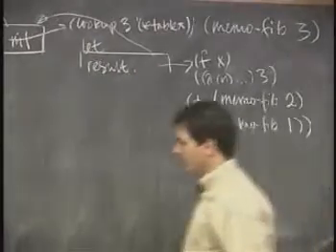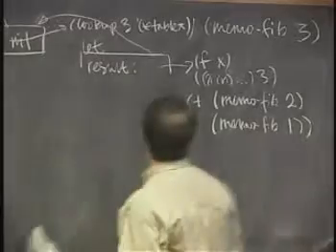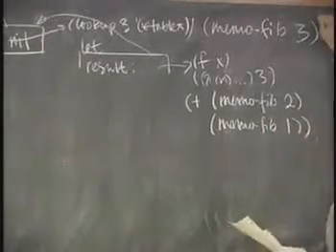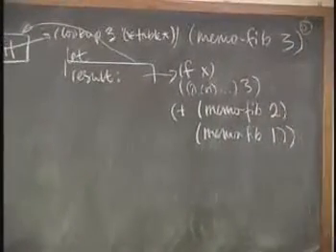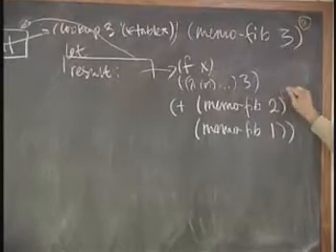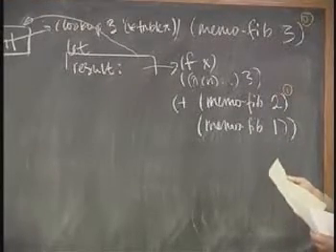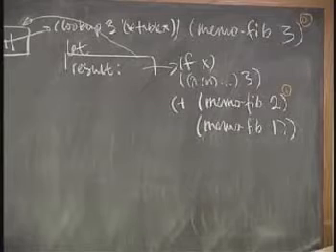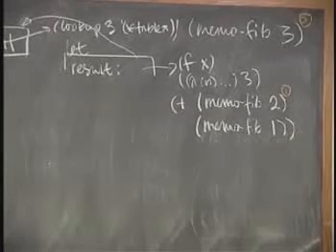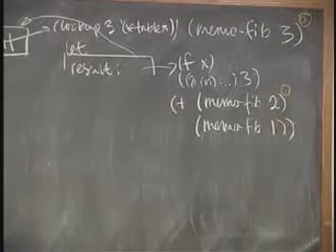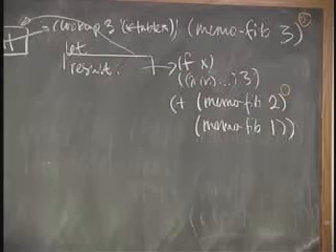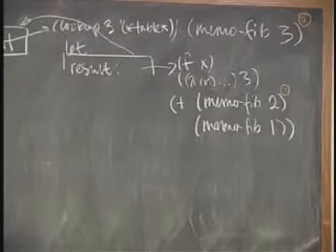Now I'm going to start numbering things. This will be the 0th call to memofib. This will be the first call. And we'll continue on with that. We won't get to this one just yet because we're going to do this one first. Right? So far, so good.